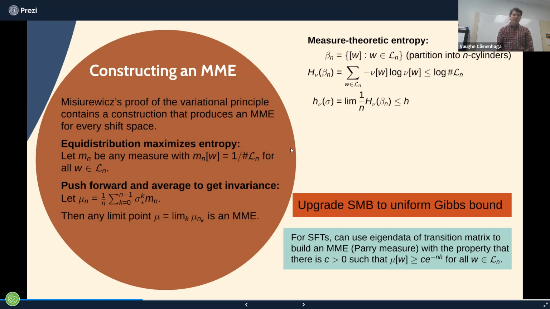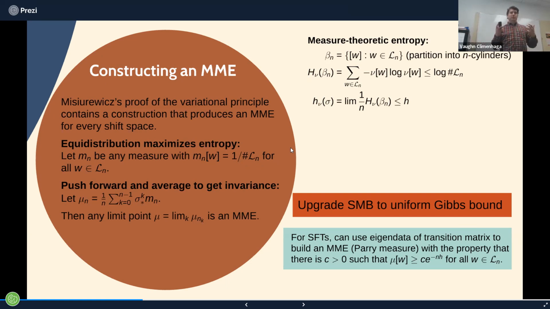Okay, now that measure is probably not shift invariant, and we want shift invariant measures. If you want a shift invariant measure, there is an almost canonical way to produce one, which is to start with any measure, push it forward and average, and then take the amount of time that you're pushing forward and averaging over, send that to infinity, and in the limit you get an invariant measure.